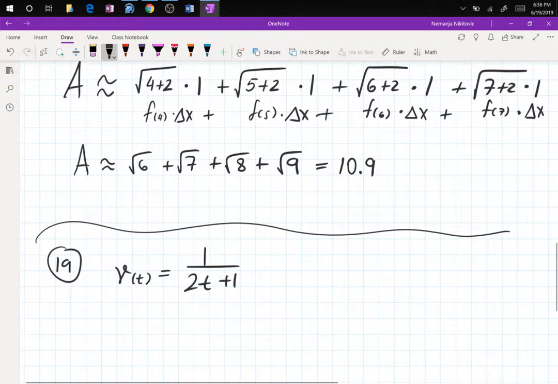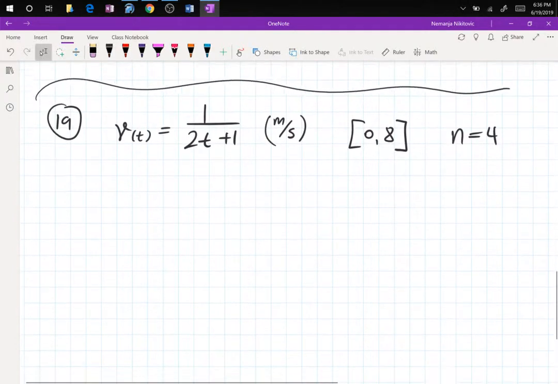It's a velocity function, right? So we have some physics, so everyone is happy. This is velocity in meters per second. They gave us that the interval for time, for problem 19, is from 0 to 8, and they want four rectangles.